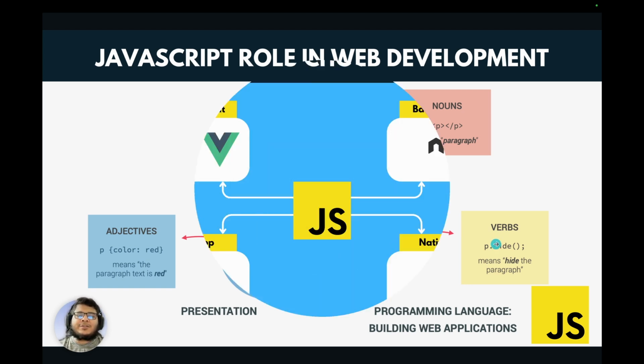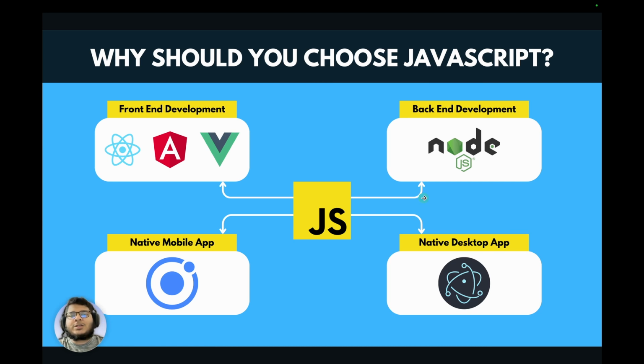So what is the future with JavaScript? Why should you choose JavaScript? As you can see, JavaScript is not just a language related only to web development. It is the core of multiple frameworks, such as for front-end development React.js, AngularJS, and also Vue.js.